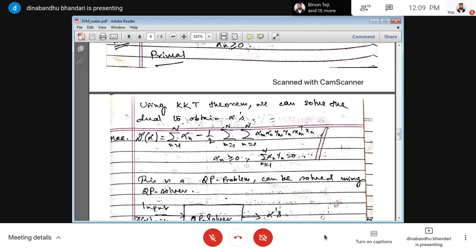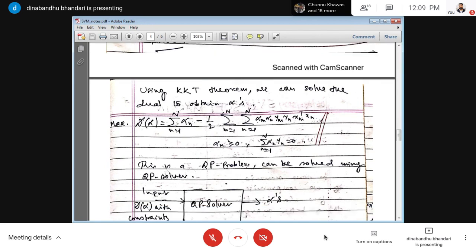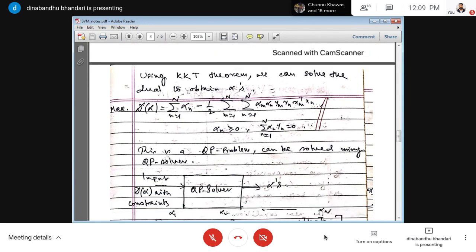Now forget about all the theorem. Let us have one QP solver, one black box like this. You might have already written some program, say in C or Python, to solve quadratic equations.